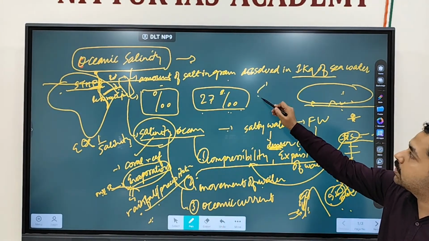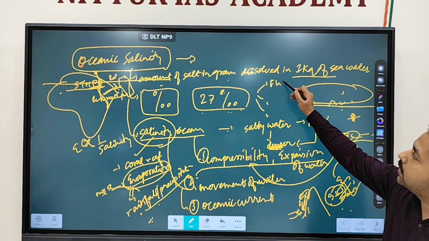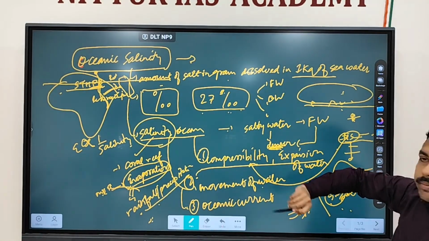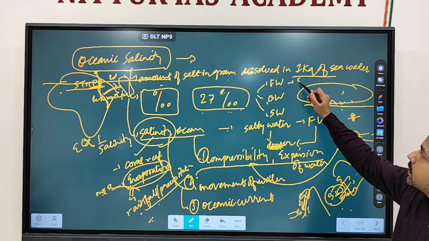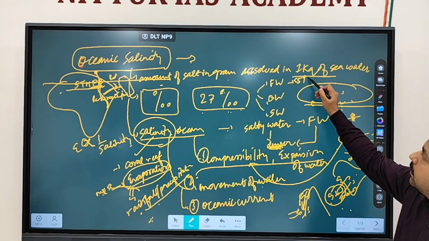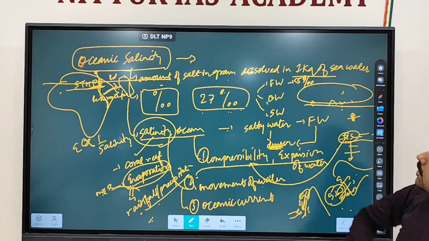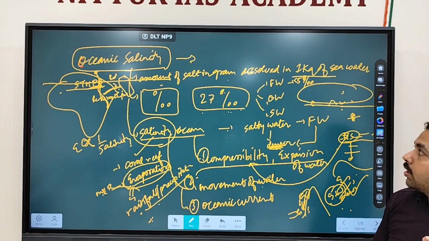And one more thing we discussed: when will water be called fresh water, when brackish water, and when saline water. We discussed that if the salt content is less than 5 parts per thousand, then it is fresh water.